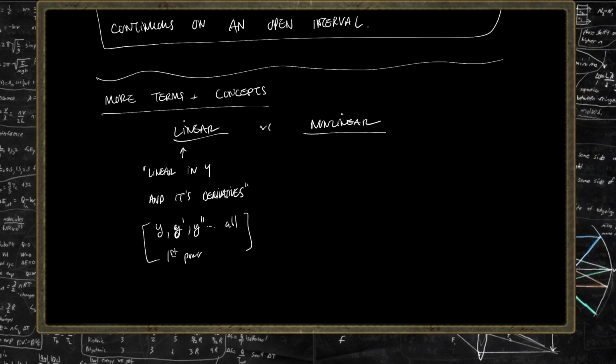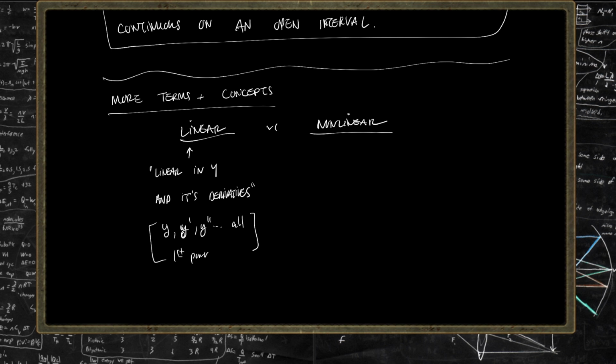And again, the coefficients of this, as I said, also first power in y. So like what I was saying before, you could have something like y squared times y prime. And this in itself would be nonlinear because of the squared y over here.